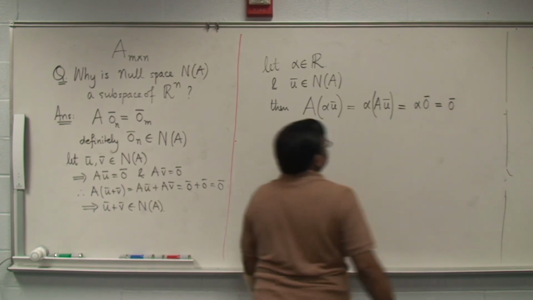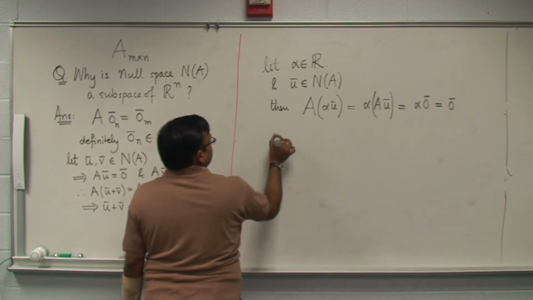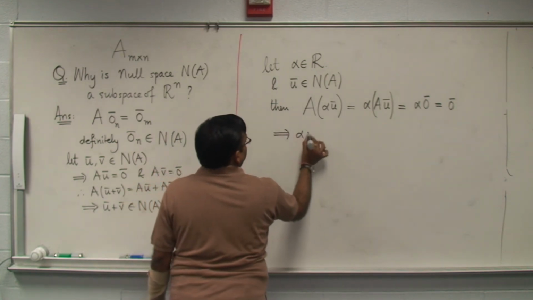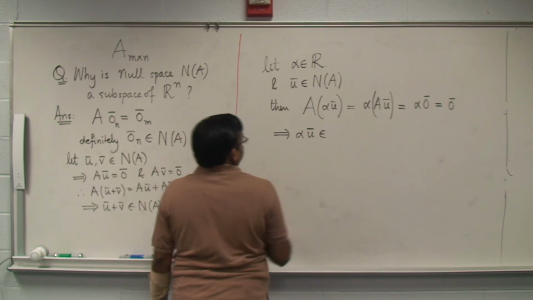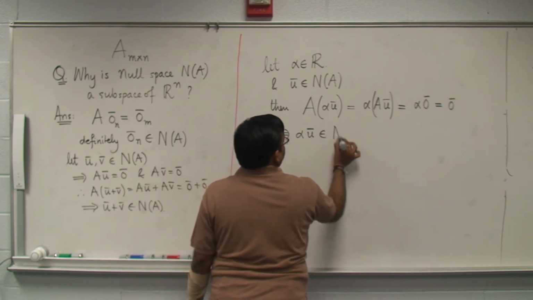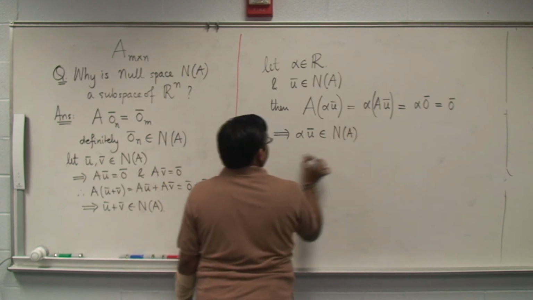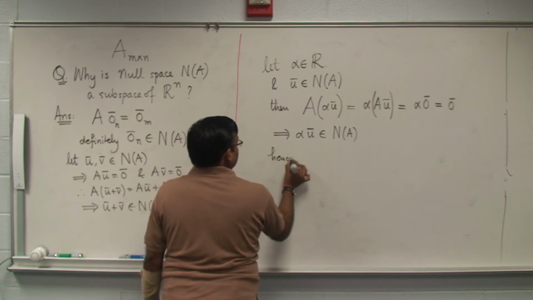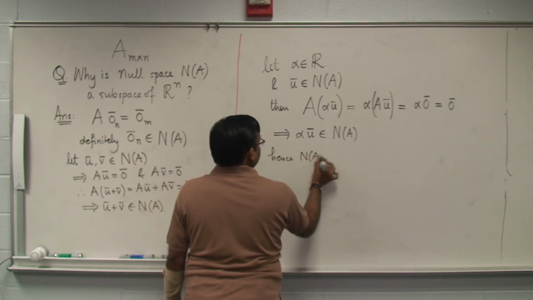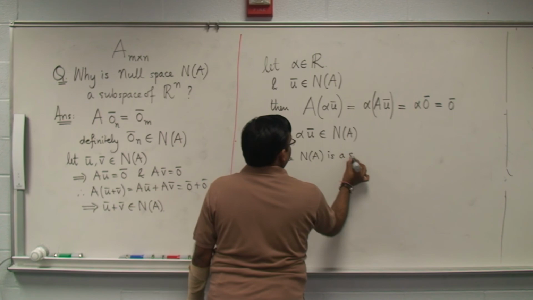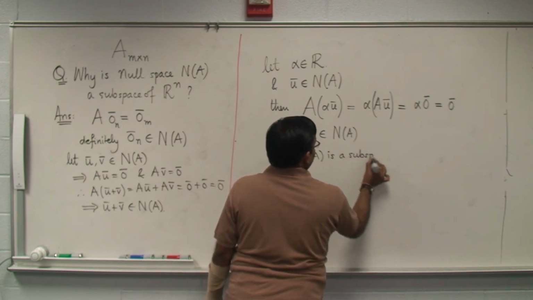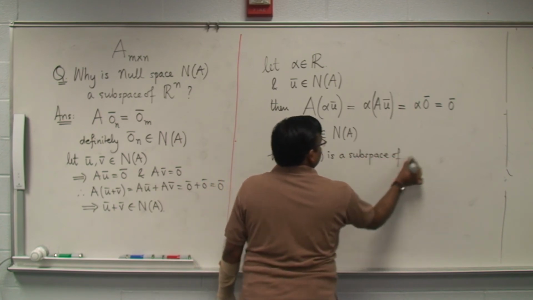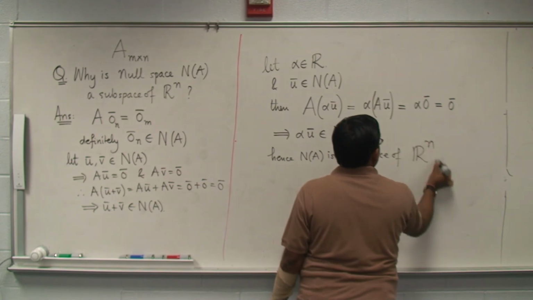This is the 0 vector. This implies that any scaled version of u will also live inside the null space, and hence the null space is a subspace of Rn.